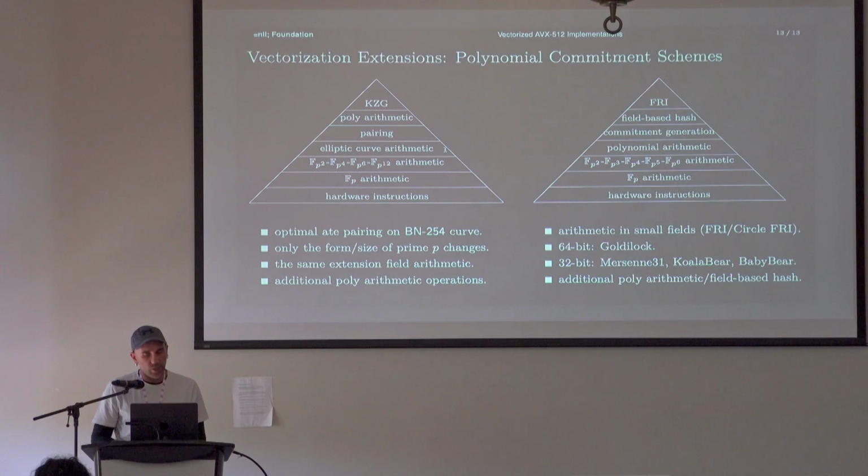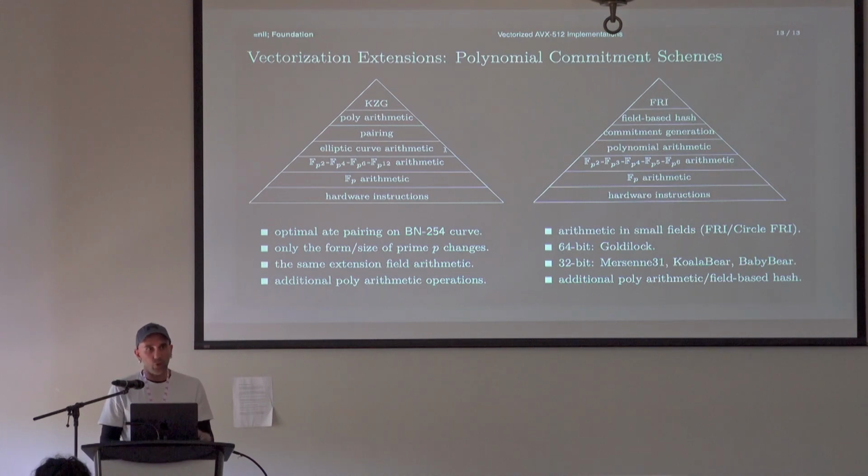Another use case that we would like to have a look at is the FRI polynomial commitment scheme, and how we can use our vectorization to improve the performance of FRI. The trend now in FRI is to use small fields, like either 64 bits or 31 bits, both in FRI and Circle FRI.